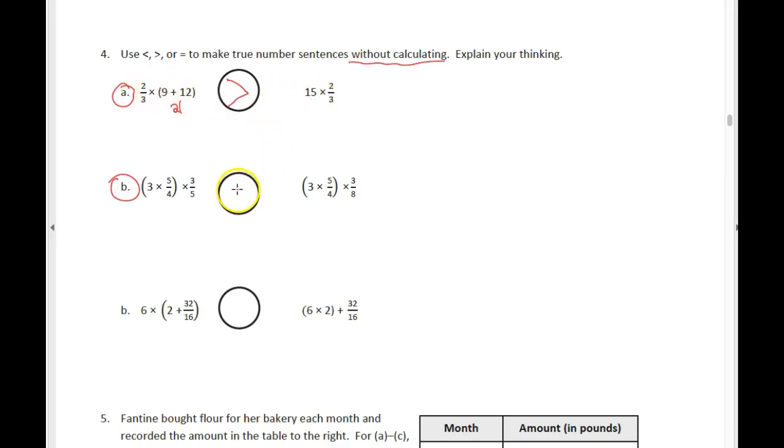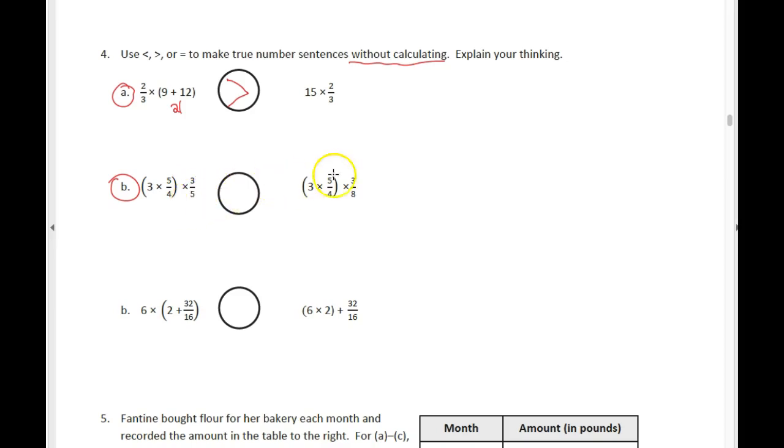Now when we take a look at this one, here we have in the parentheses 3 times 5/4. Here we have 3 times 5/4. And we're saying it's going to be times 3/5, which I know is smaller. As far as, well, sorry, what am I saying? It's smaller. 3 out of 5. 3 is almost closer to 5, right?